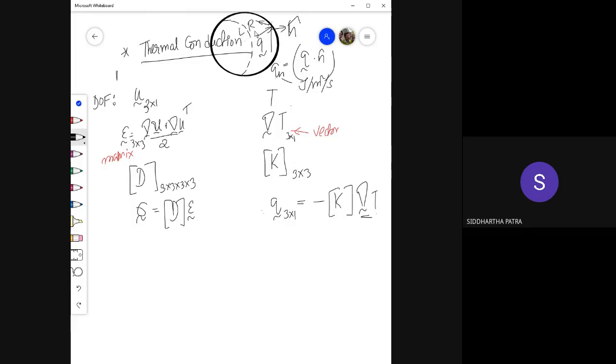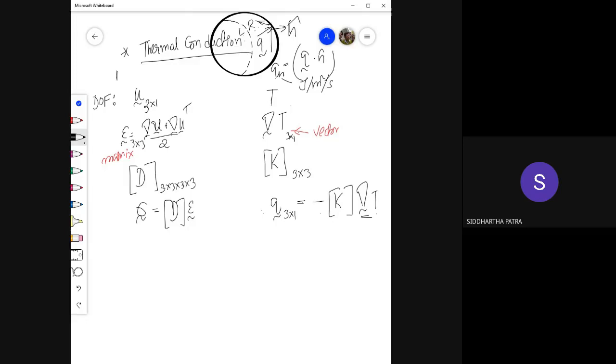If at the right side the temperature is higher than the left side, I would be experiencing a positive temperature gradient. Then in which direction would the heat flow, left to right or right to left? Right to left. Hence the negative sign. So if the temperature gradient is positive, heat flow is negative. That's the idea. That's why there is a negative sign.